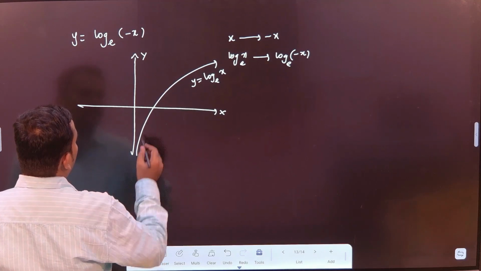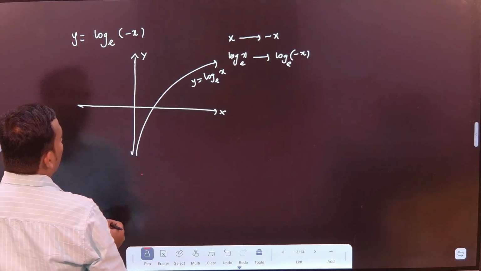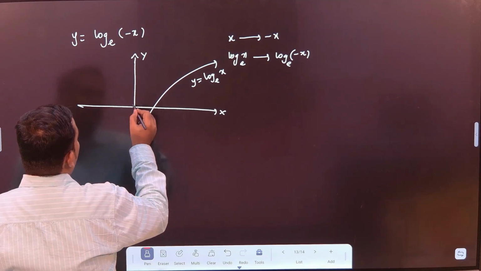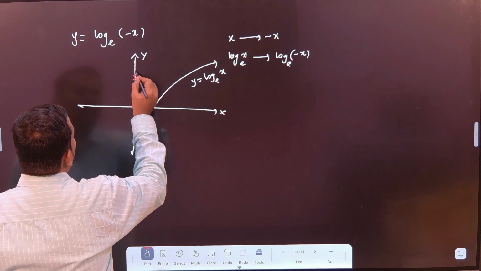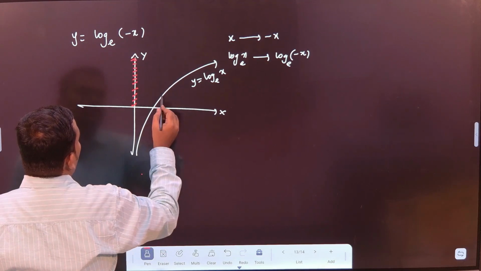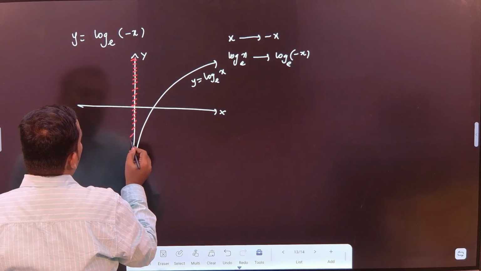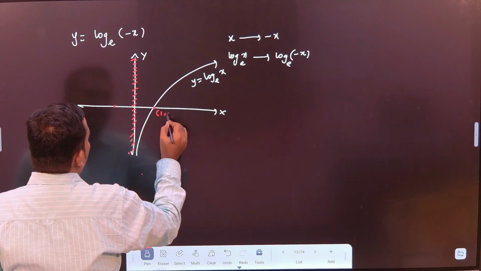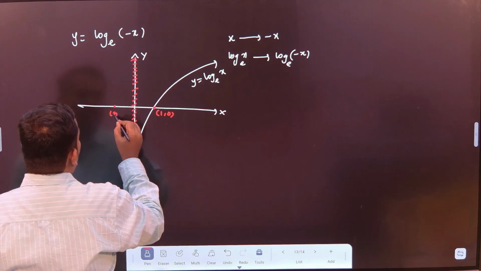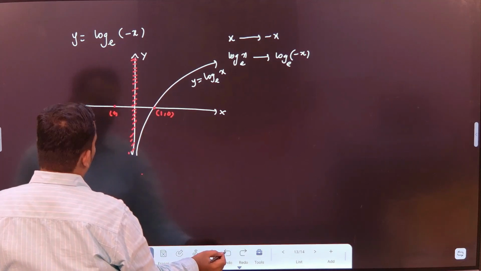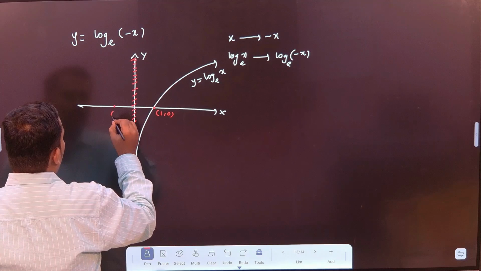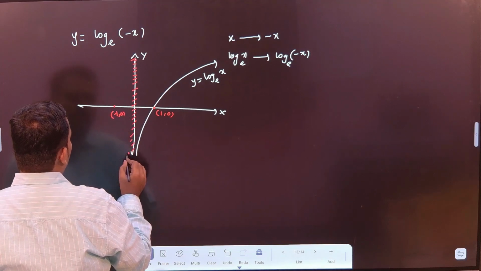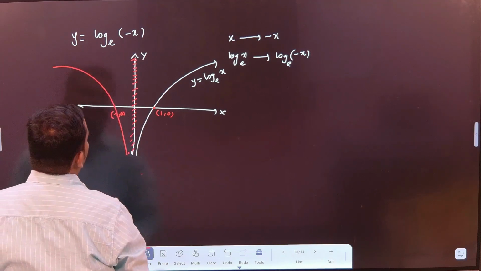So you can see, when you take the y axis, this is your y axis value, right? So when you take this one, this graph will be, this is 1 comma 0, this is 0 comma 1, minus 1 comma 0, right? The graph will be going like this.